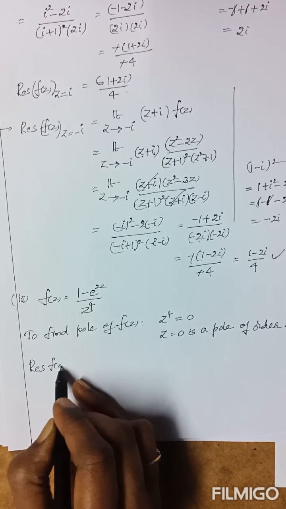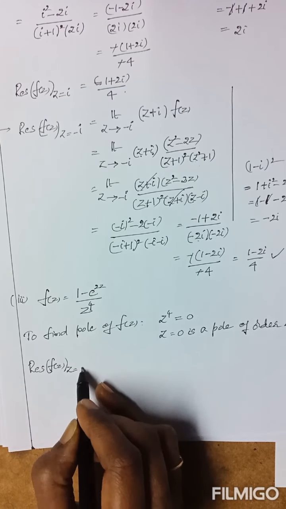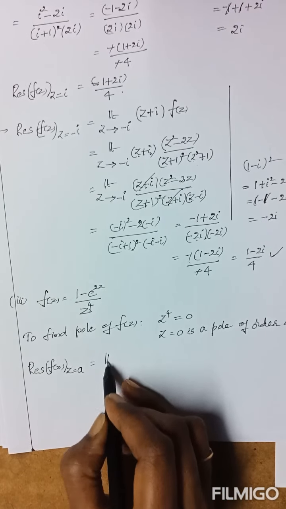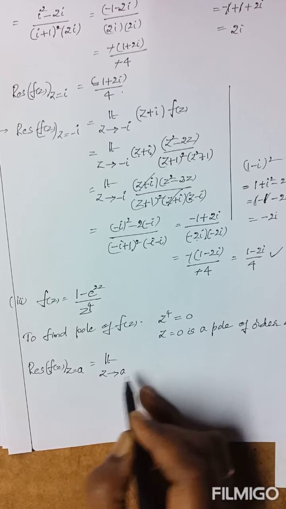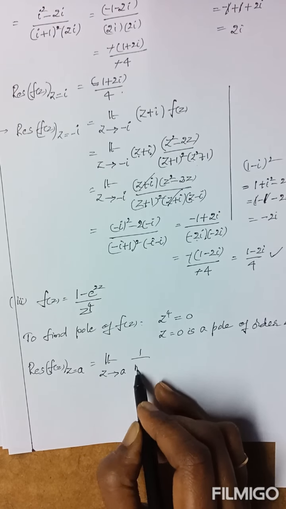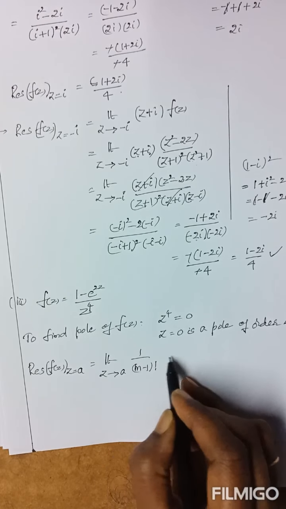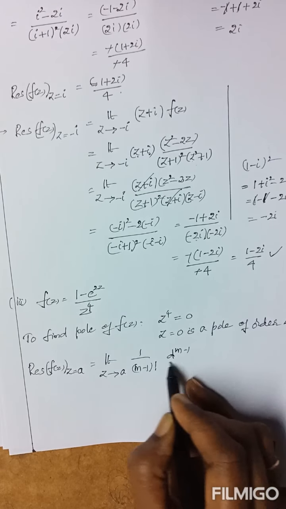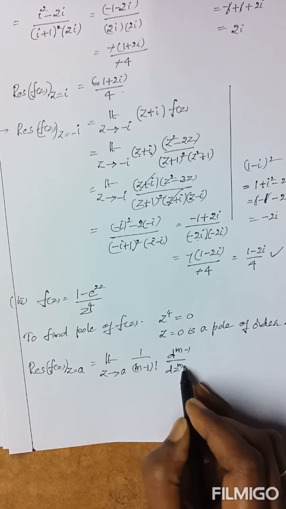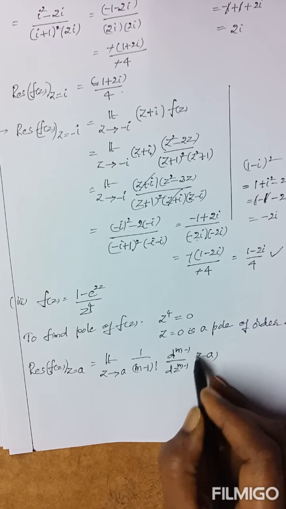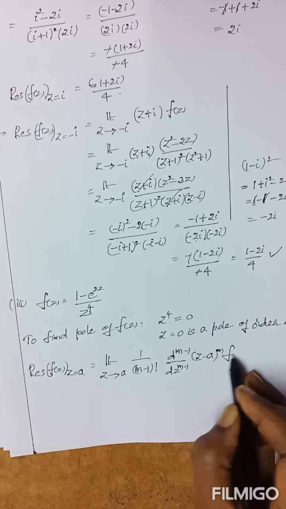Now residue. Residue of f of z at z equal to a. First I will write the formula: limit of z tends to a, 1 by (m minus 1) factorial, d to the power m minus 1 derivative of (z minus a) whole power m into f of z.